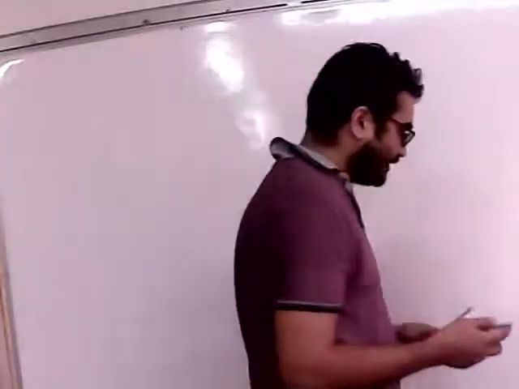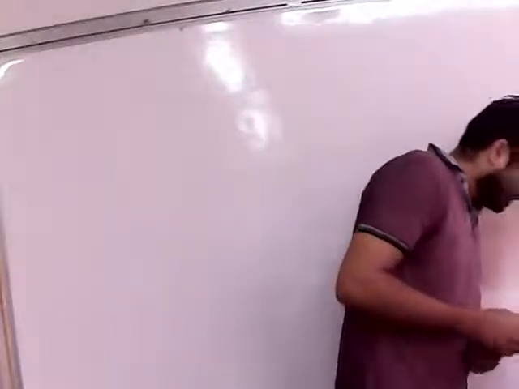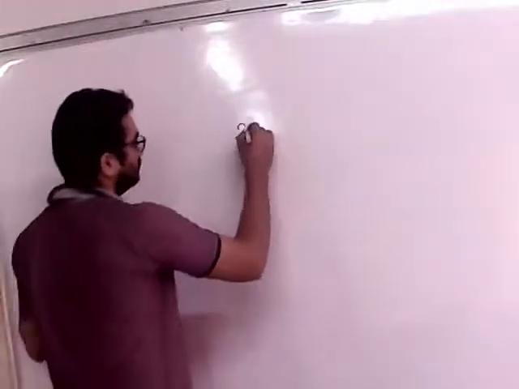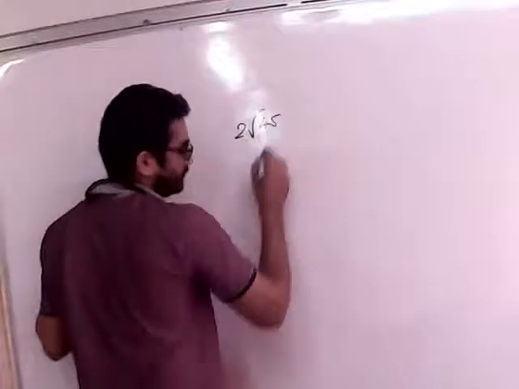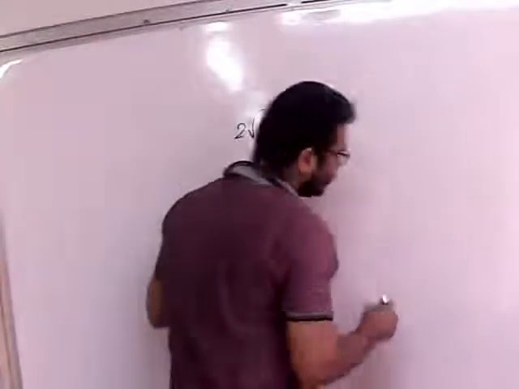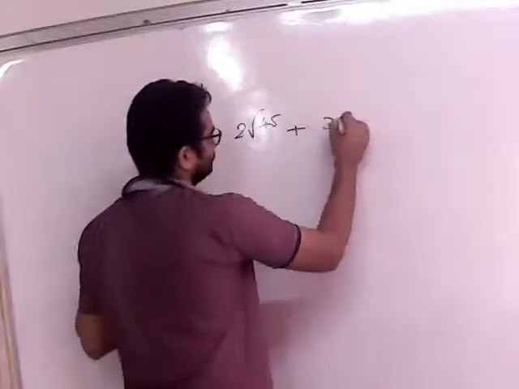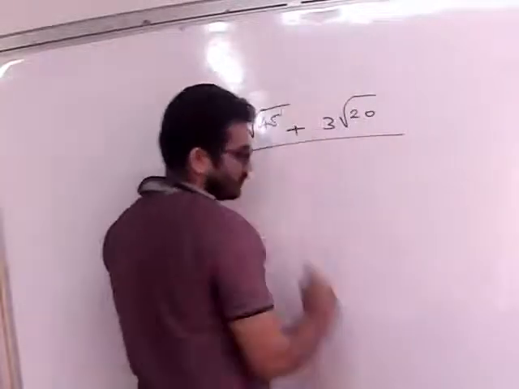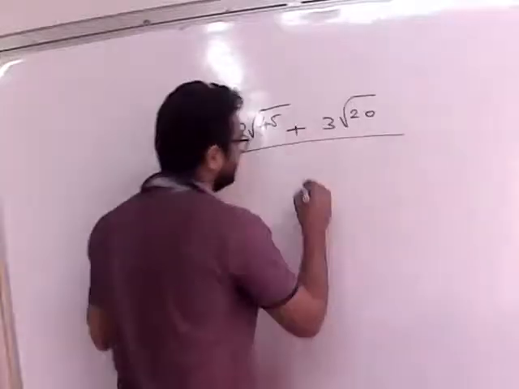Suppose I take one number, suppose that number is (2 root 45 plus 3 root 20) upon 2 root 5.